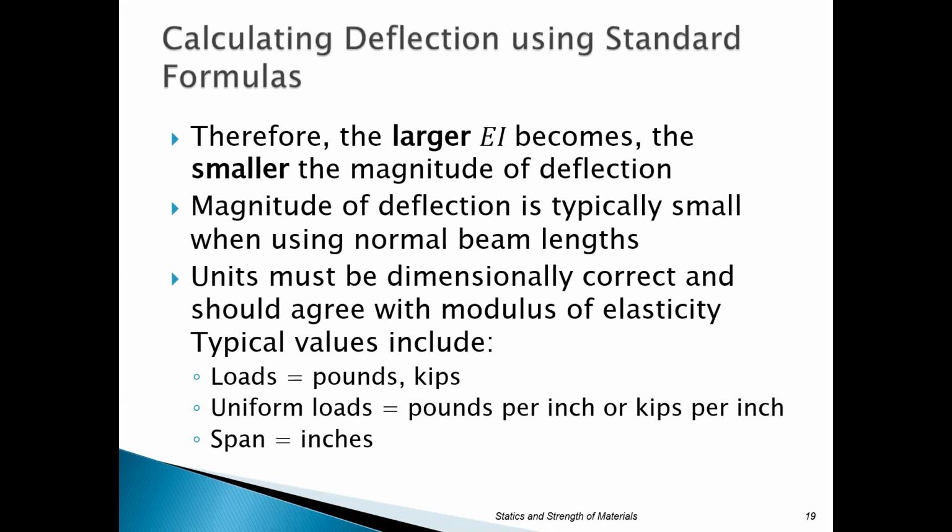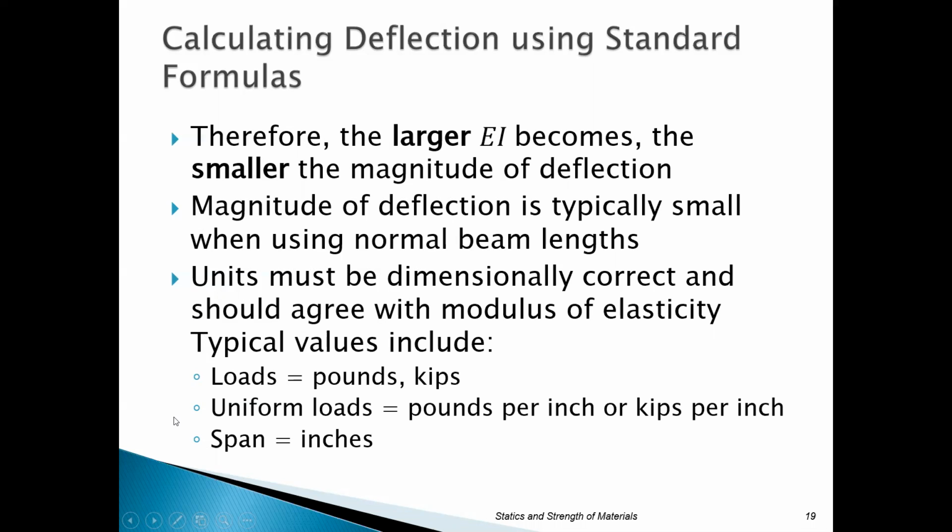When we use those problems out of that table 12.1, you have to really make sure that you are dimensionally correct and everything agrees. So usually you want to work around the modulus of elasticity because that's going to be the one that kind of defines what units you want to be in. So loads, typically you want your loads in pounds, okay, or kips, could be kilonewtons.